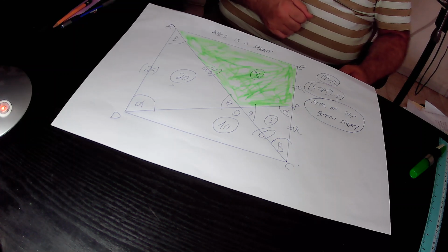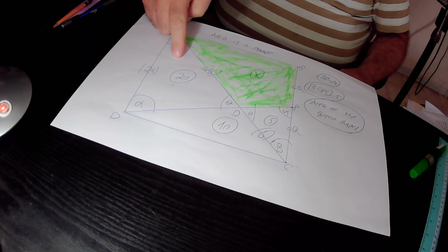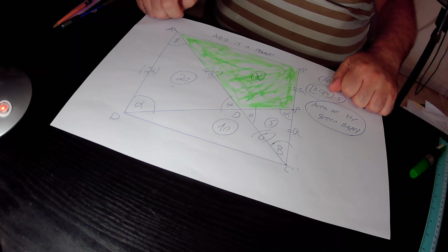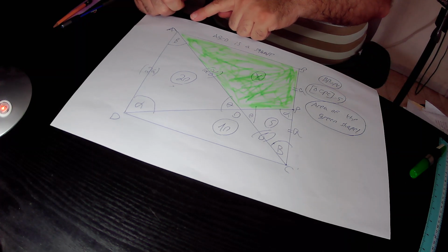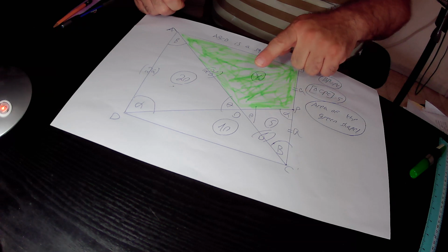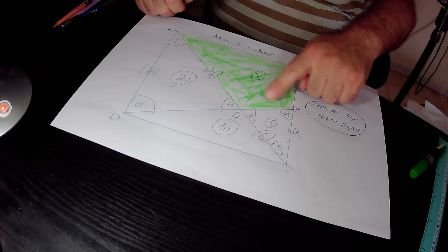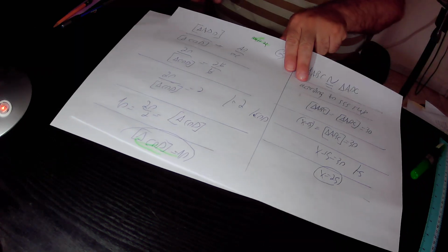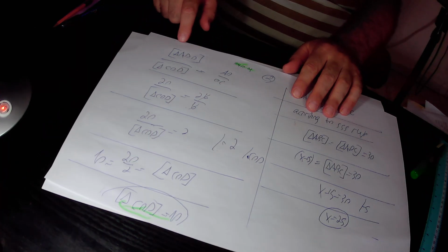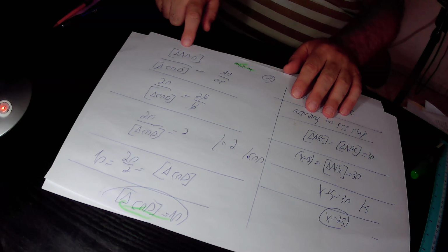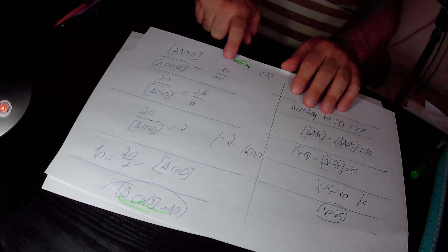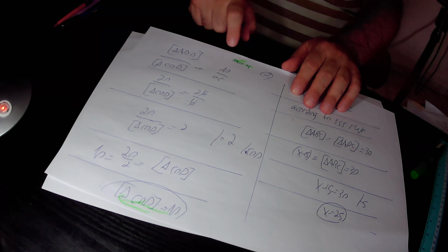According to Rule 23, the area of triangle ADO over the area of triangle OCD will be equal to the base of triangle ADO, that is AO, over the base of triangle OCD, that is OC.